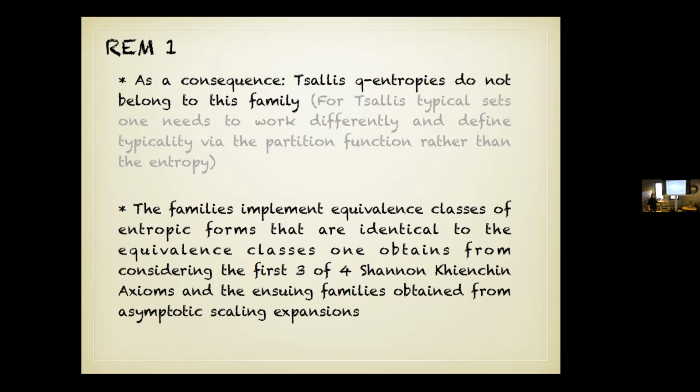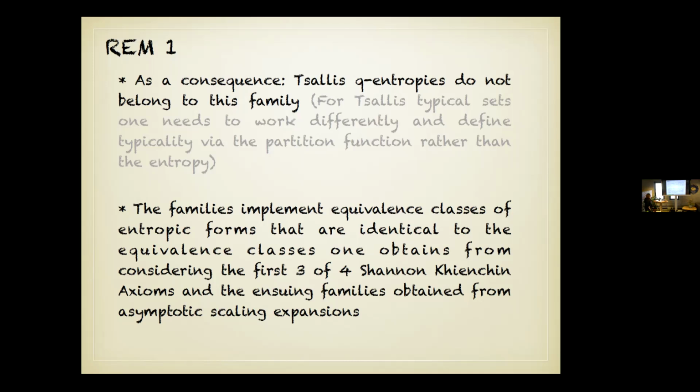And if you define typicality via the partition function, then it would be Tsallis entropy that describes the problem. So in fact, Tsallis entropy is somehow more closely related to the partition function. It's somehow a representative; one could interpret it as a representation of the partition function of a system.